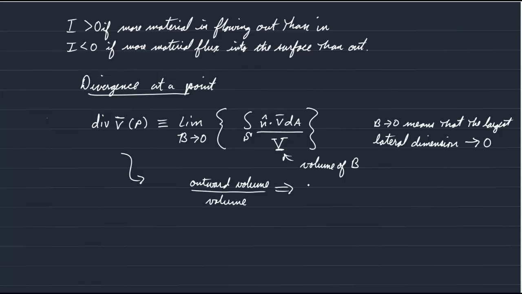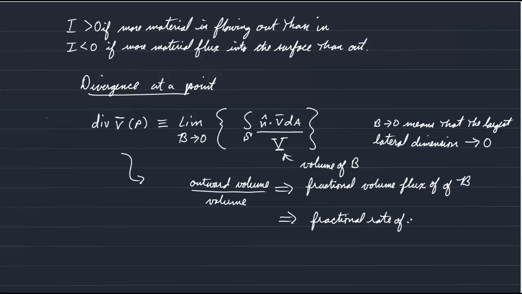So in other words, it's the fractional volume flux out of B. Or another interpretation, it's the fractional rate of expansion of the material at a single point.